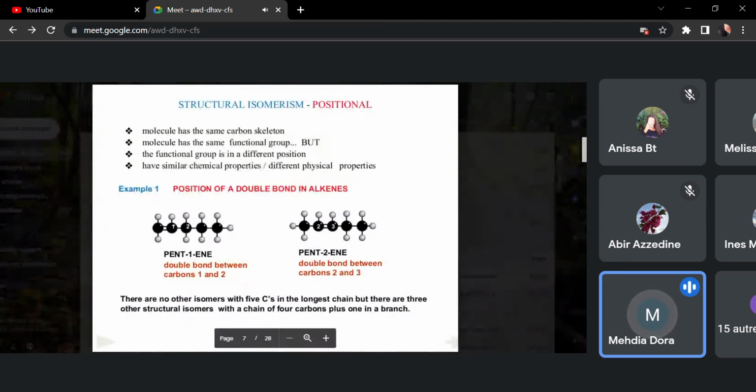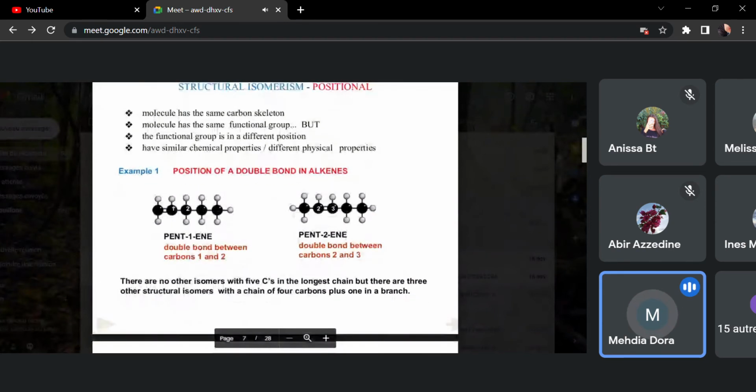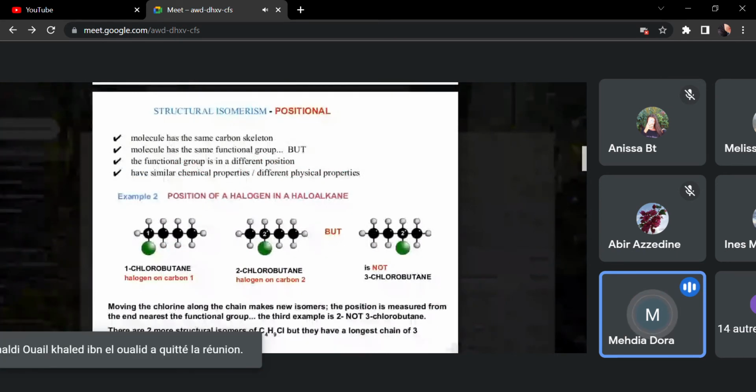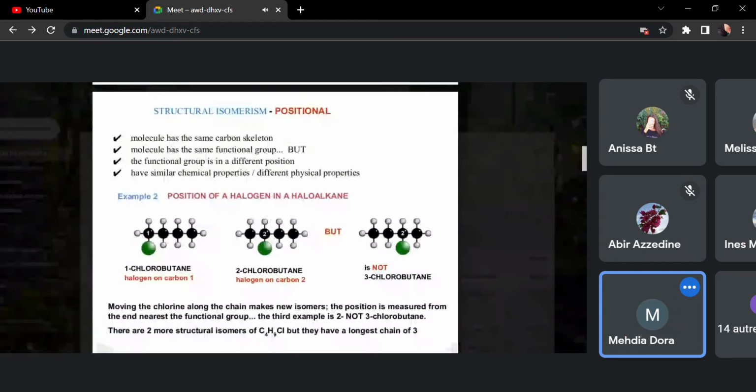We have the other slide, please, the 8th one. We have another example of position. Positional isomerism also applies to halogens, or haloalkanes. The atom here in green is chlorine.